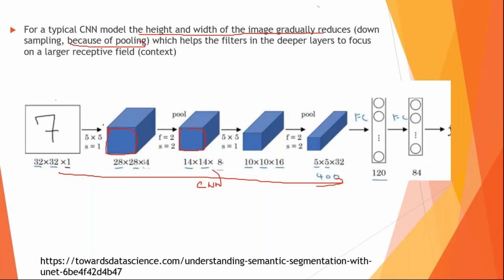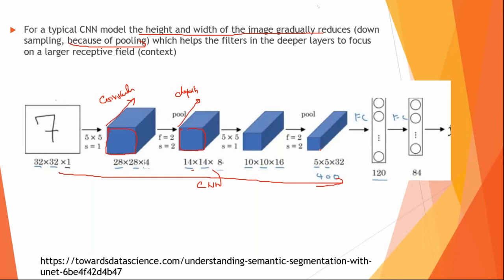What happens is you tend to increase the number of convolutions, which is basically the depth, which means you extract more and more features, and features from a larger receptive field. Earlier, this 7 was at 32 by 32, but now it becomes 14 by 14, 10 by 10, 5 by 5, but the kernel size remains the same.